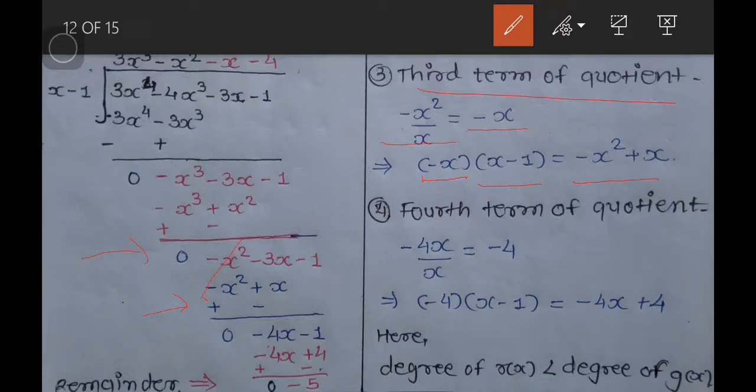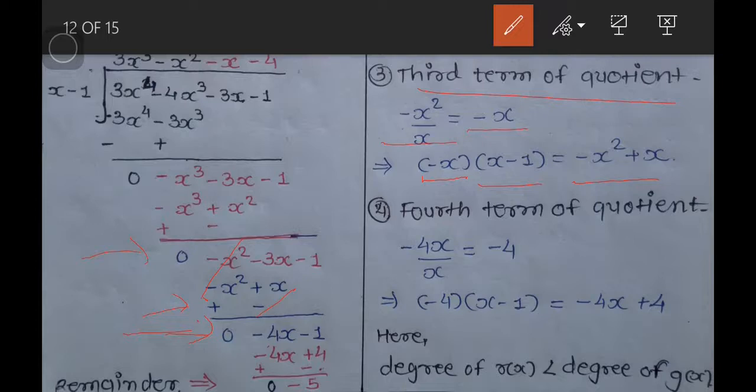We subtract minus x square from minus x square, then it is equal to 0. Now here minus 3x minus x, so it will be minus 4x, and minus 1 as it is. So now our new dividend is minus 4x minus 1.